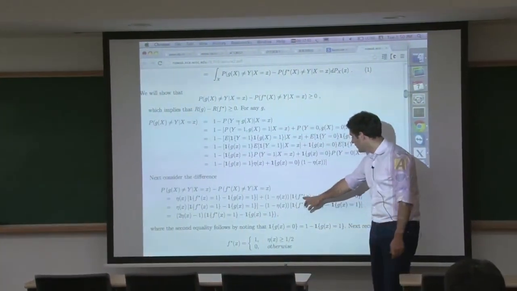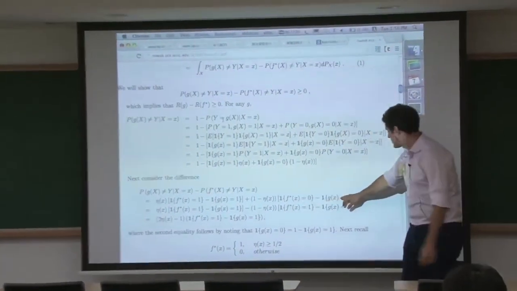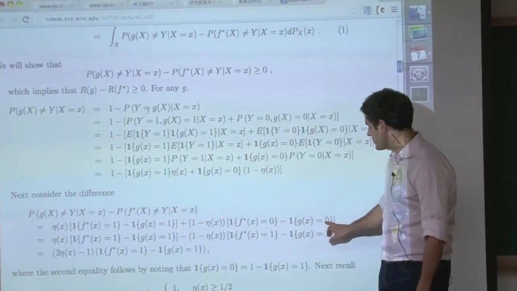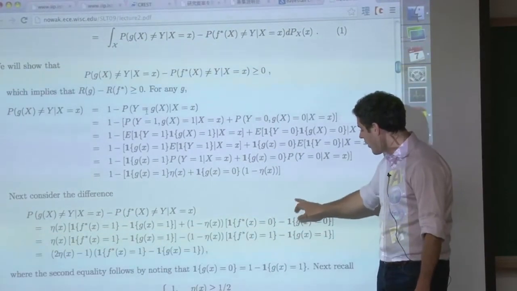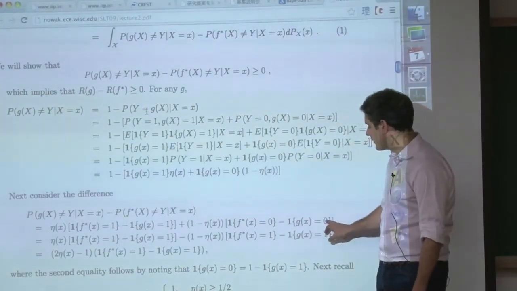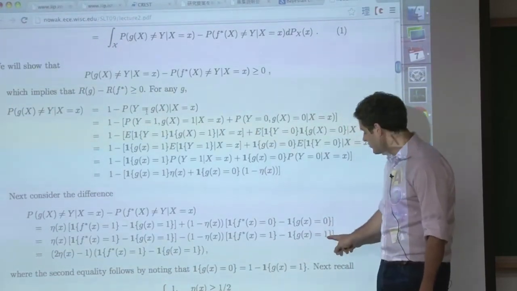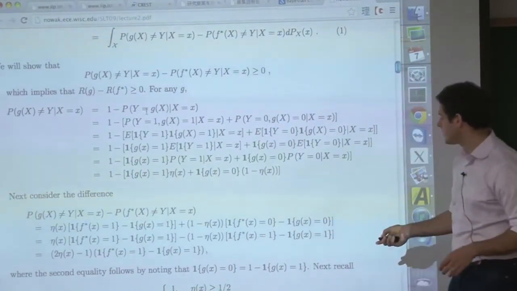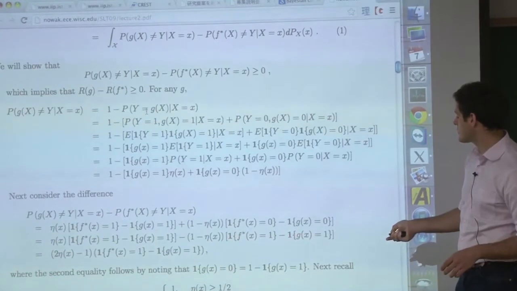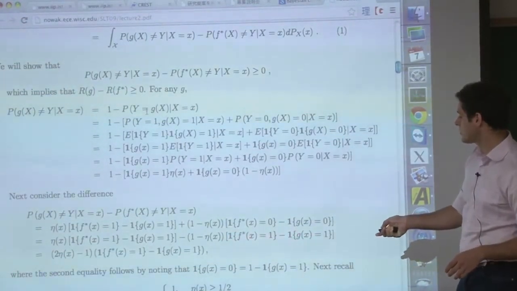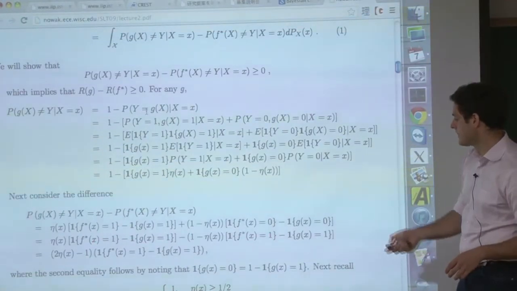Then if you just group terms, and use the fact that if g of x equals 0, the indicator that g of x is equal to 0 is equal to 1 minus the indicator that g of x is equal to 1. So you can modify this into only indicator functions which depend on whether g of x and f of x are equal to 1, and here the same thing.